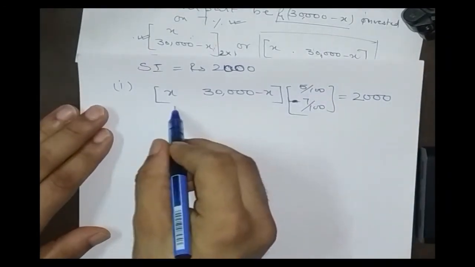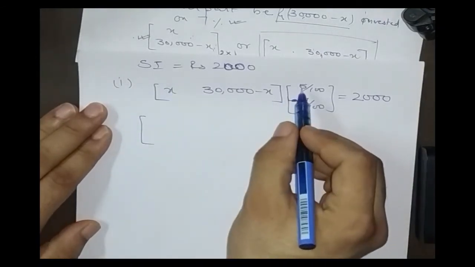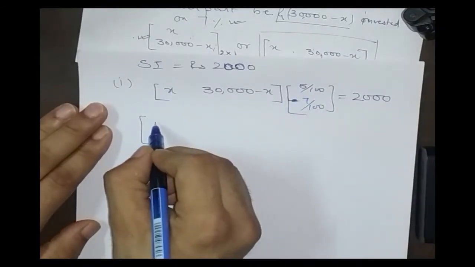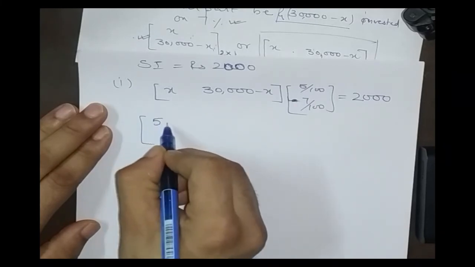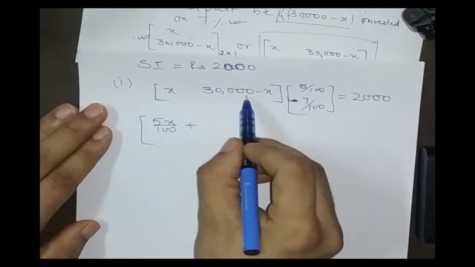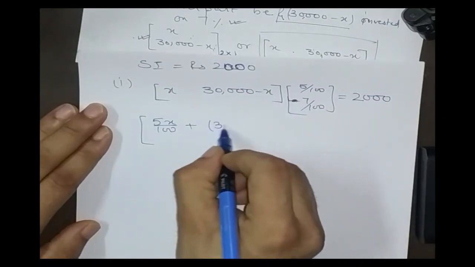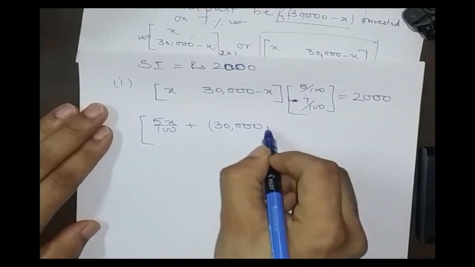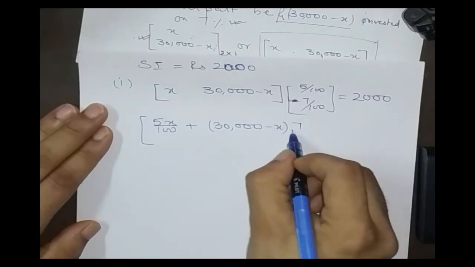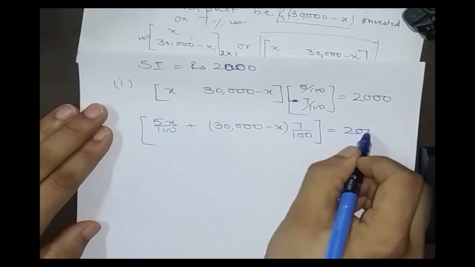By multiplying both matrices, we will get X into 5%, this is 5x by 100, plus 30,000 minus x into 7%, 30,000 minus x into 7 by 100, is equal to 2,000.